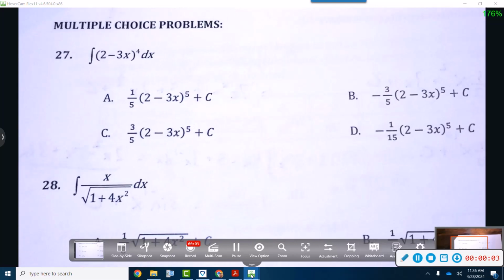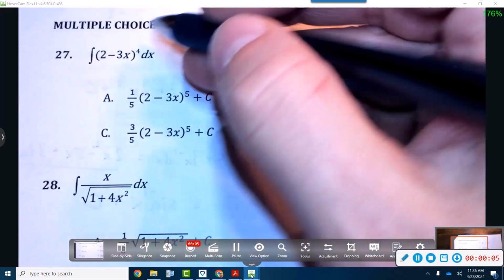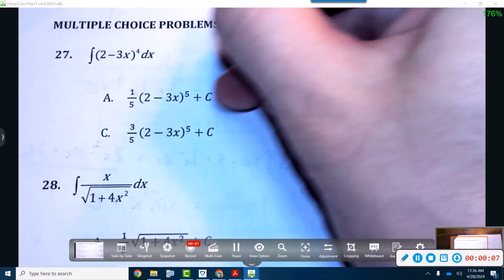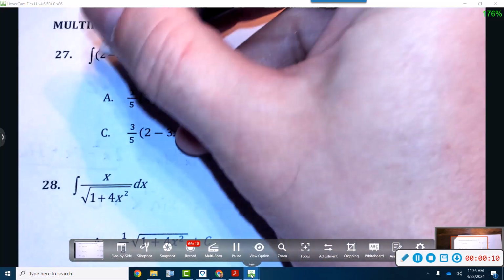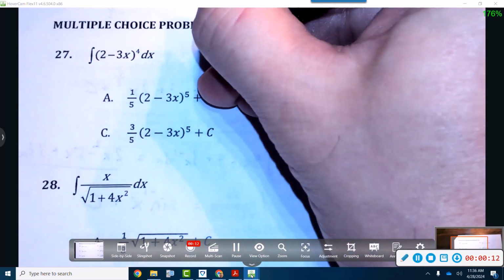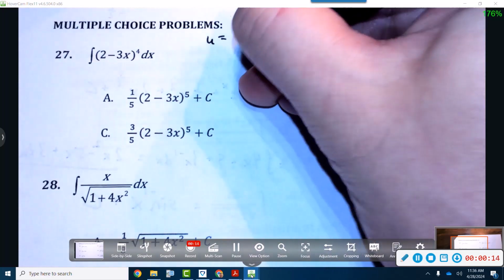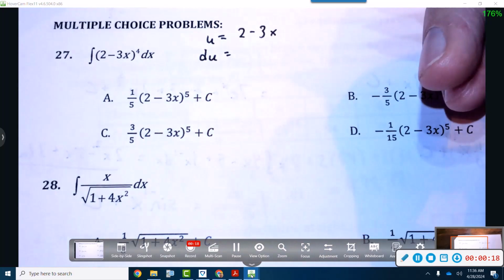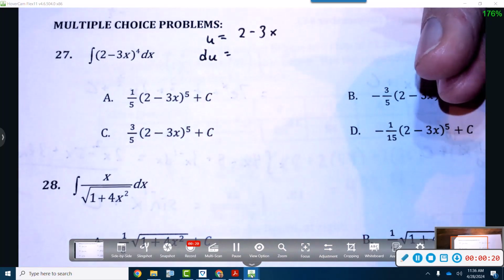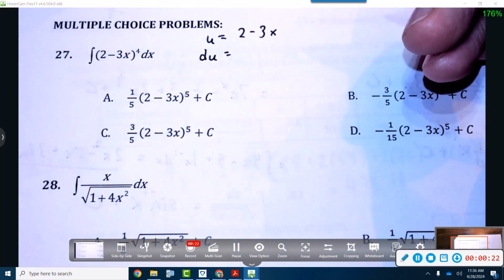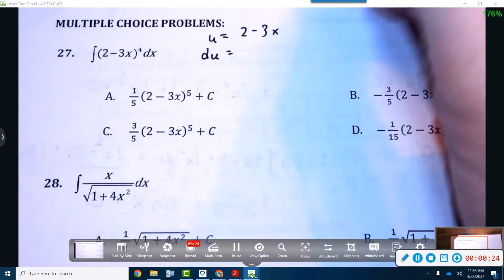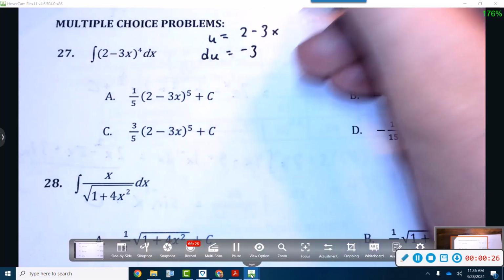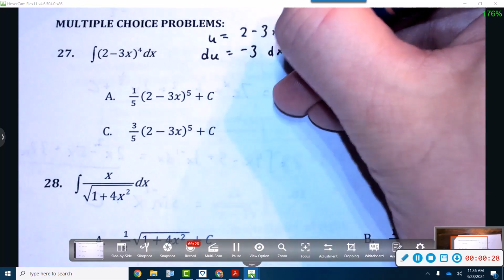Multiple choice. Here we go. So this looks definitely like a U substitution because I see something to the fourth power. So let's make that u the 2 minus 3x. So that du is -3 dx.